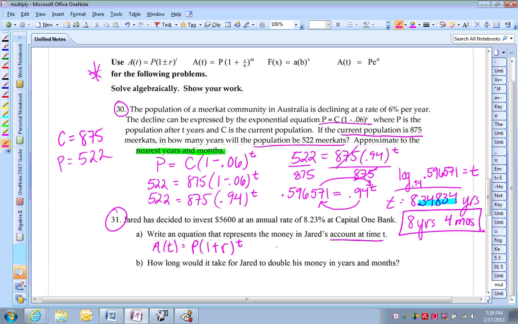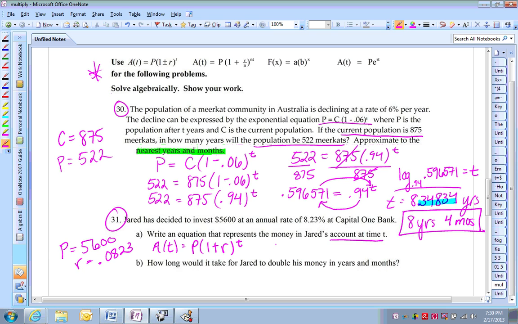So my initial amount that he's invested, P, is $5,600. The rate is 8.23%, but we convert that to a decimal, 0.0823. Don't forget to convert a percentage to a decimal. We move the decimal place over 2 times.